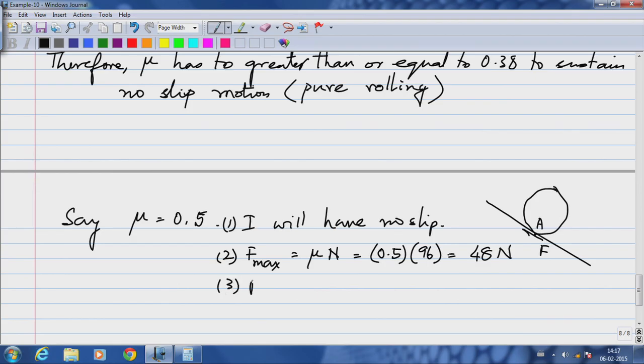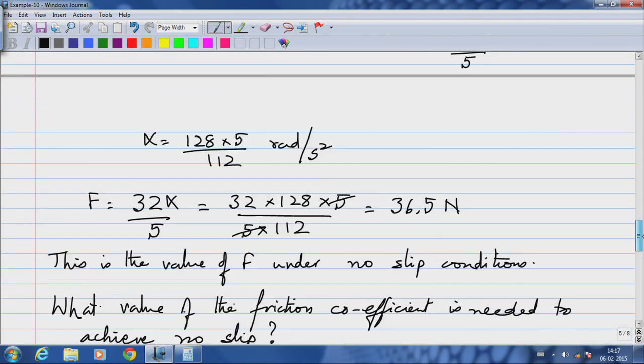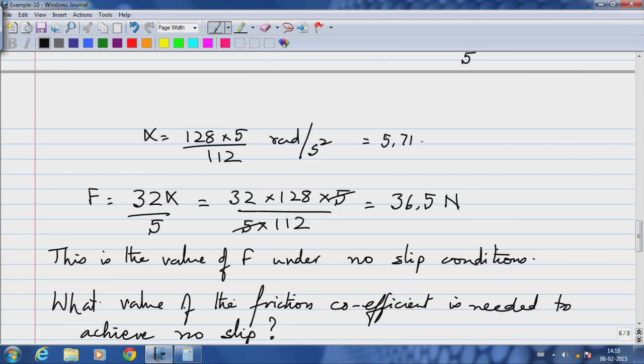Only f equals 36.5 newtons is sufficient to sustain no slip, which means that even though mu is 0.5, the value of f would be 36.5 newtons and the angular acceleration alpha would be whatever we get from this number. Let me just do this calculation, which is roughly 5.71.